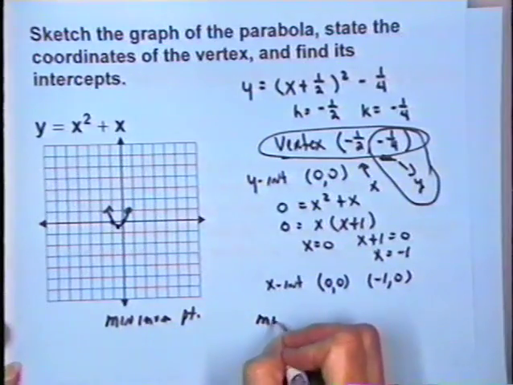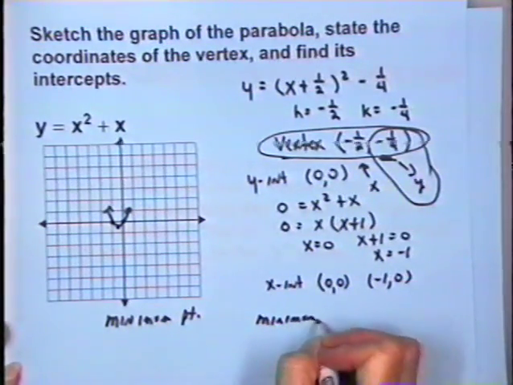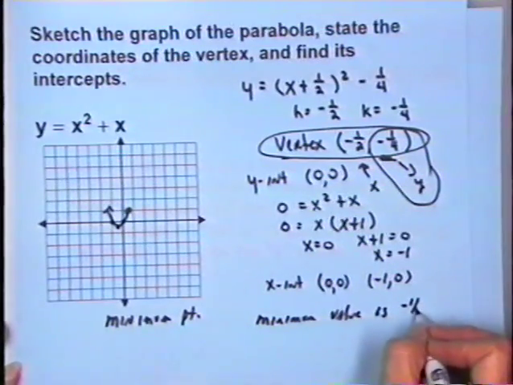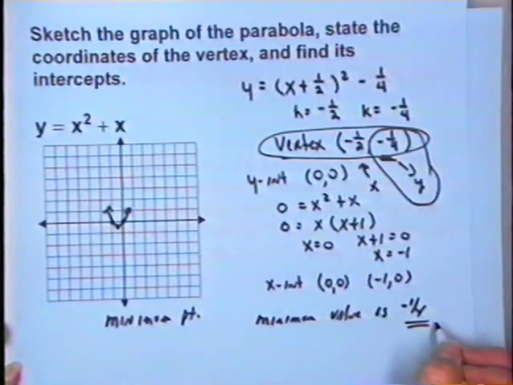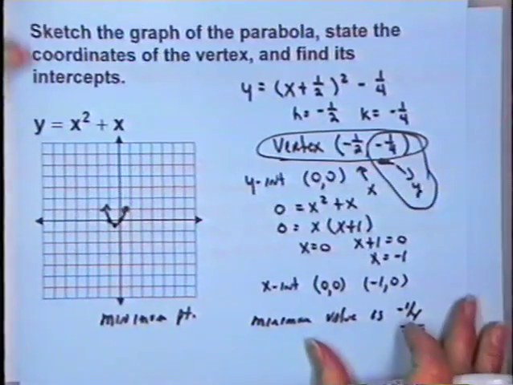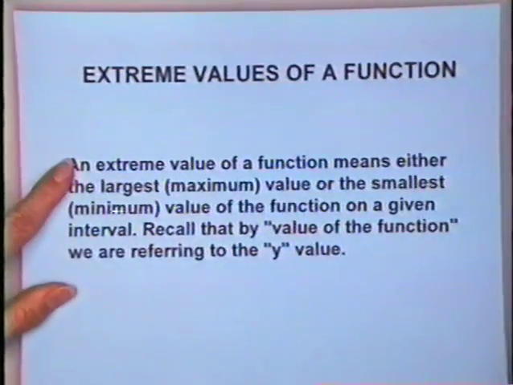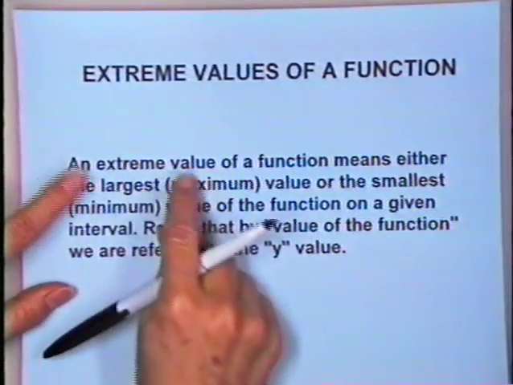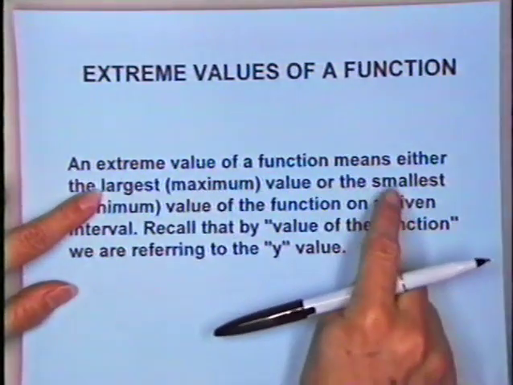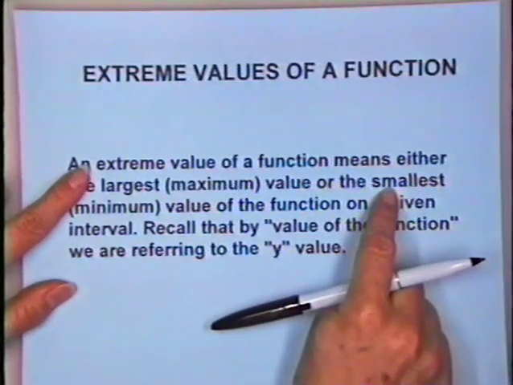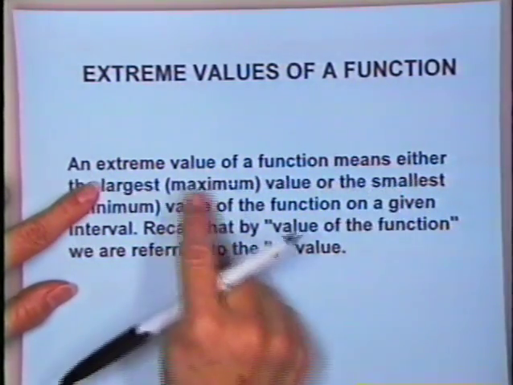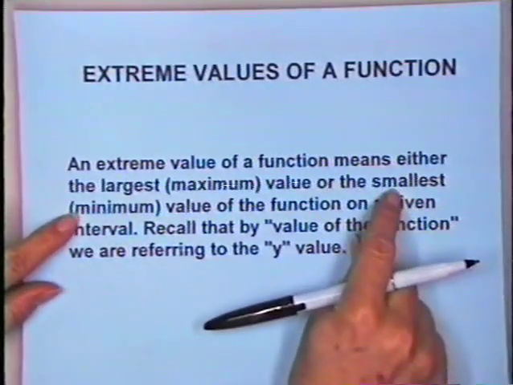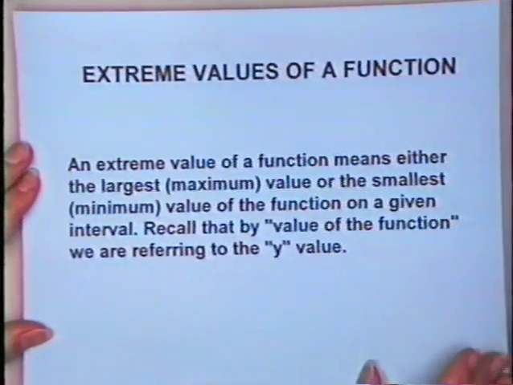So I would say that the minimum value of this function is negative 1/4, the y value associated with that vertex point. So an extreme value, notice we use the word extreme to mean either a largest or smallest value. So that's sort of a generic term there. Largest can be referred to as maximum, and smallest can be referred to as minimum.